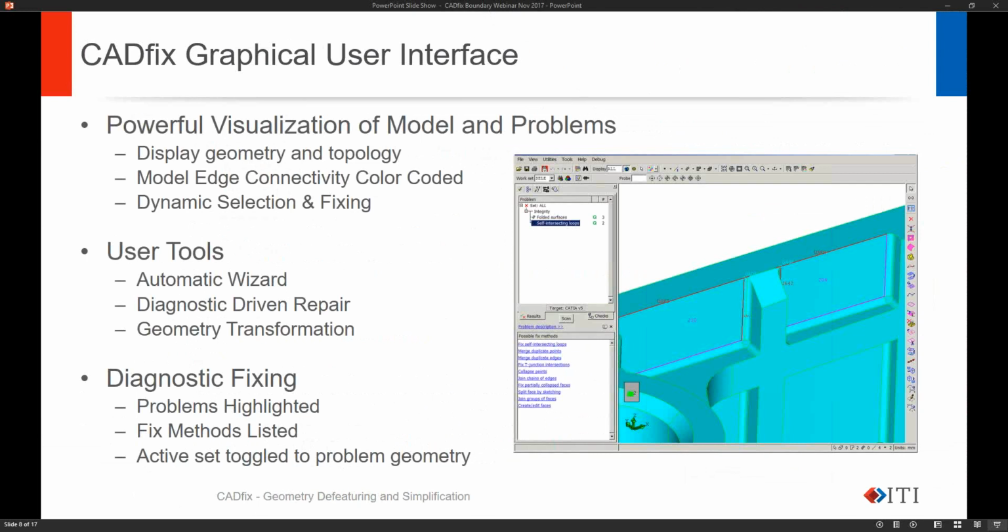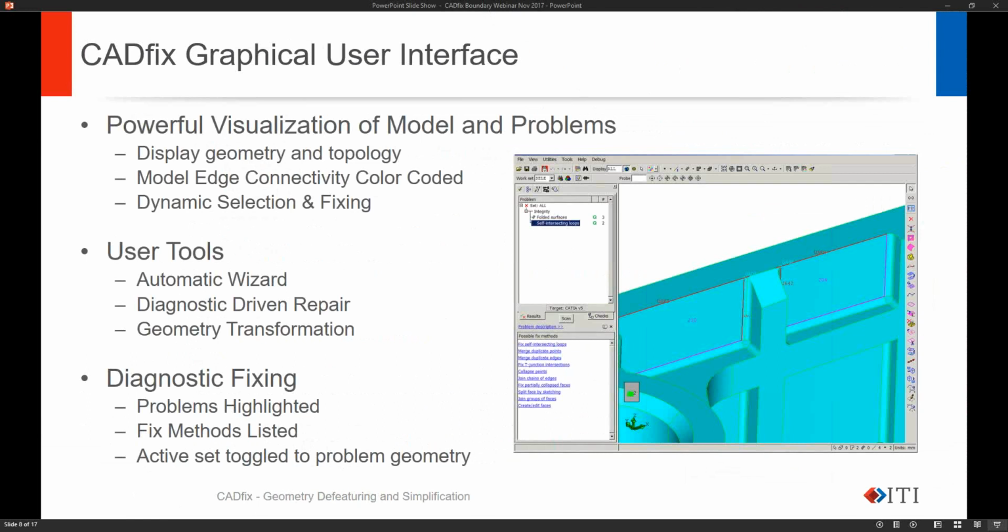Then the user tools we have is an automatic wizard, which I showed in the previous slide. We have a diagnostic driven repair shown in this image. And then we have geometry transformation tools available on another tab. The diagnostic fixing allows us to highlight the problems, as you can see on the top left-hand window of the image.